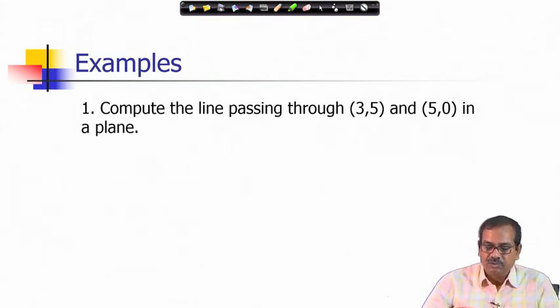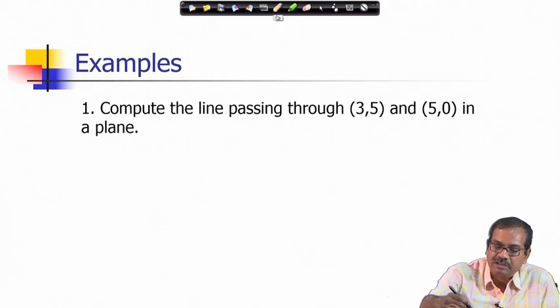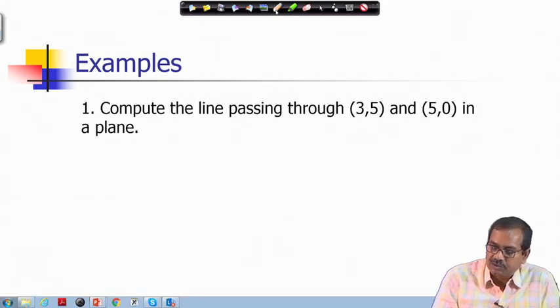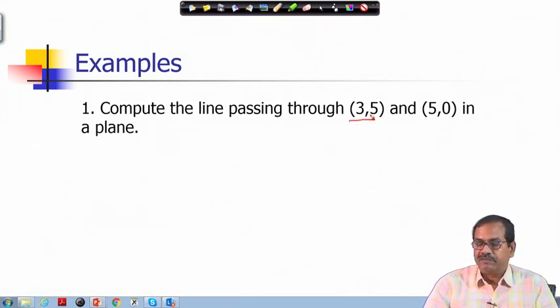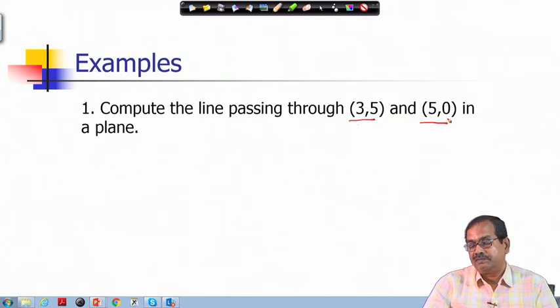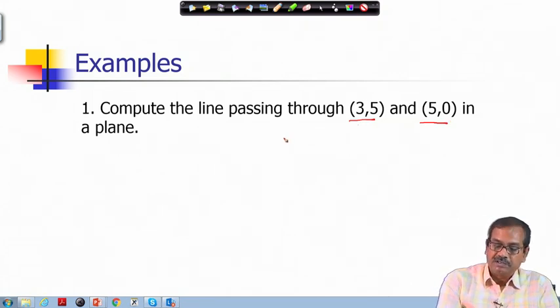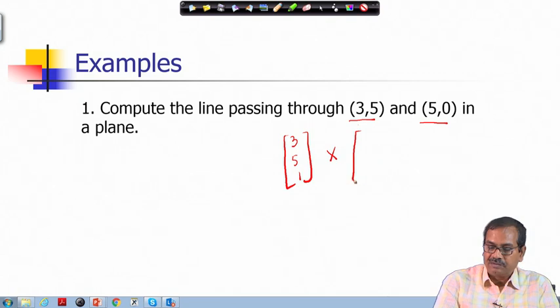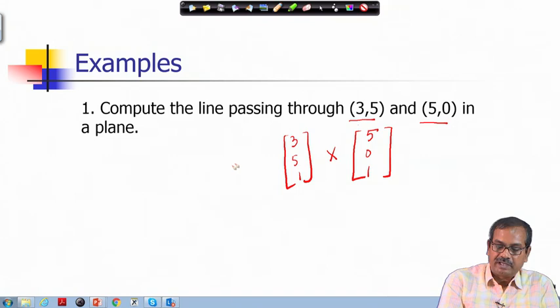So, we take the cross product of the corresponding projective points in homogeneous representation, that is, the vectors (3, 5, 1) and (5, 0, 1). That gives the straight line representation.